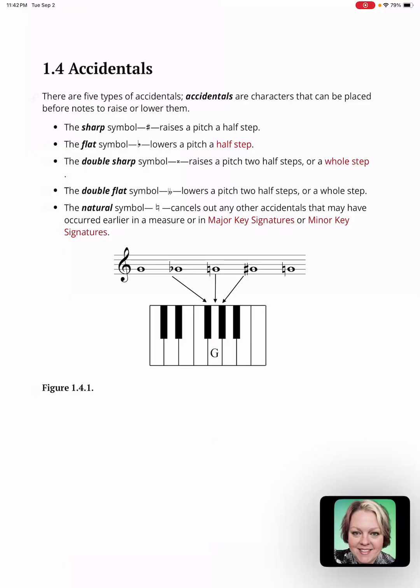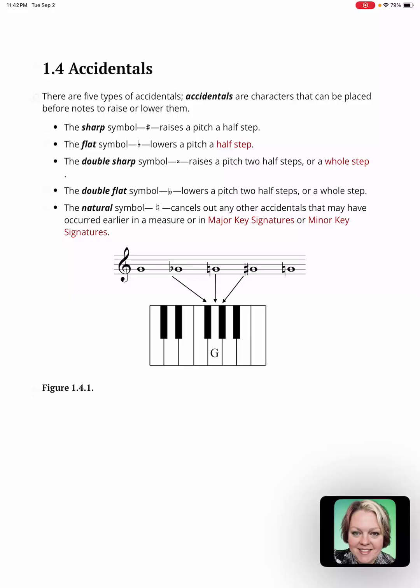This is from the Music Theory for the 21st Century Classroom online book. You can get to it through the link provided in the course syllabus, or if you just type music theory for the into Google, it's probably going to pop up for you. And then you can select that.